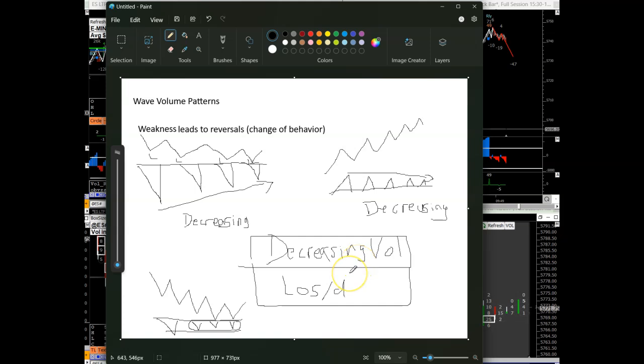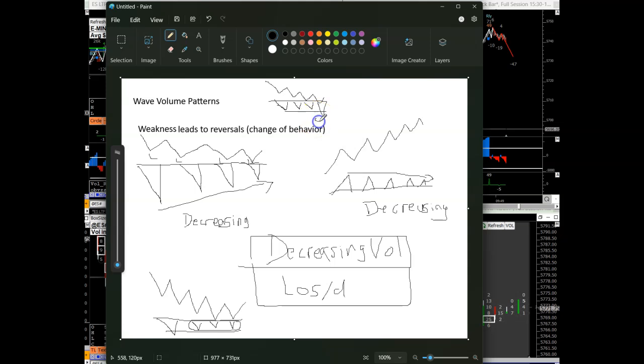that you should know. The typical thing that you're taught is the climax pattern. That's the typical thing that you're taught, that as the trend goes down, down, down, down, the volume should, over here, be like that.